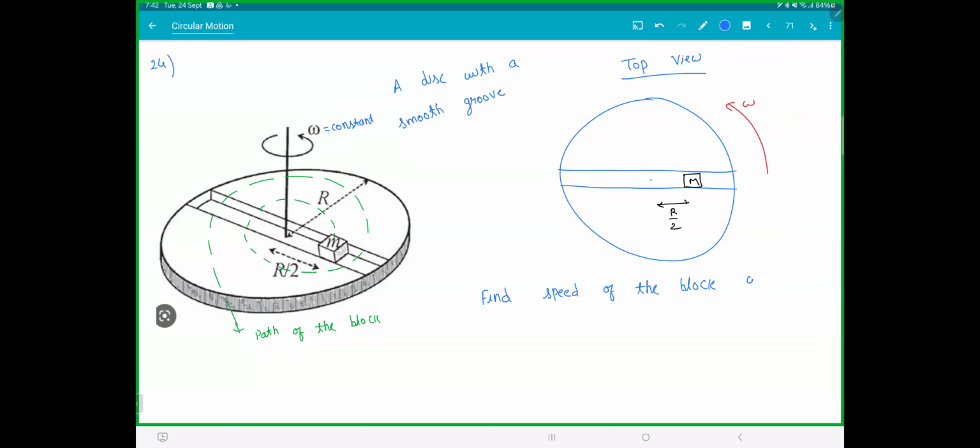I hope the diagram is clear. Anyone didn't understand the diagram, please ask.